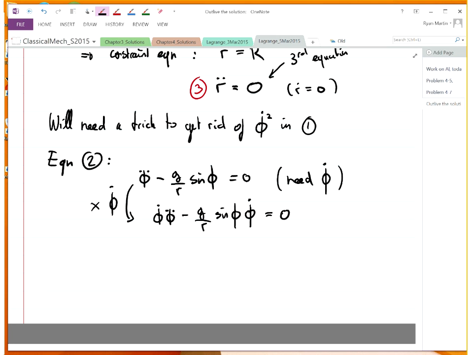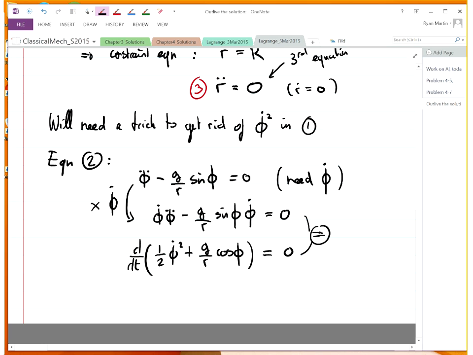And then you have to be clever here, and recognize that if I were to take d by dt of a half phi dot squared plus G over R cos phi, I would get what's at the top. So these two are equal.